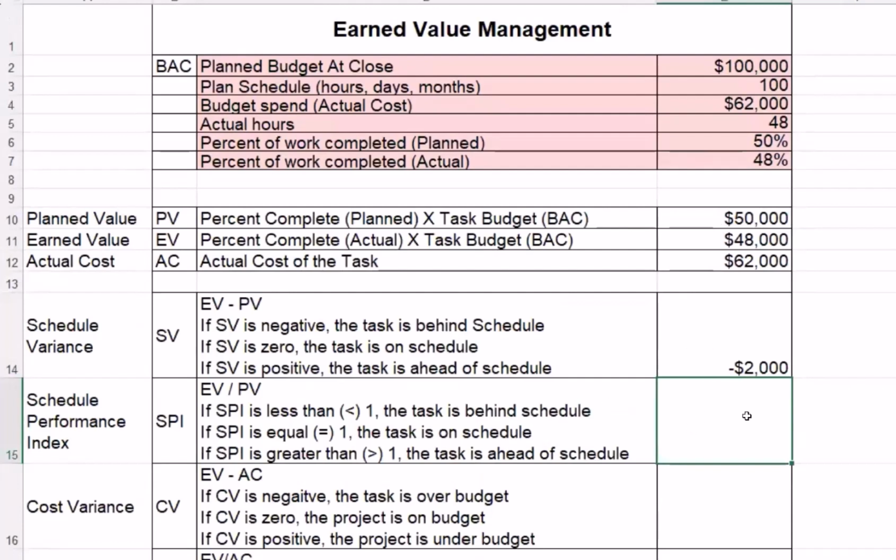The schedule performance index equals EV divided by PV, which is 0.96. So if the performance index is less than 1, the task is behind schedule. If it's equal to 1, it's on schedule. And if it's greater than 1, the task is ahead of schedule.